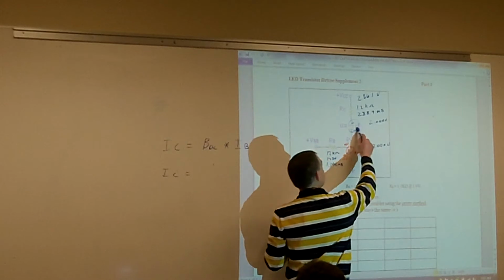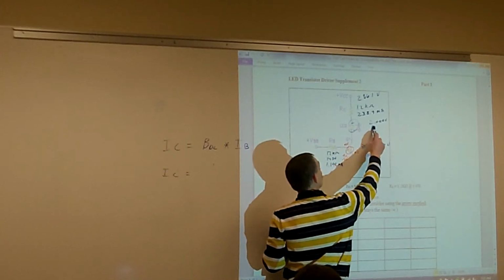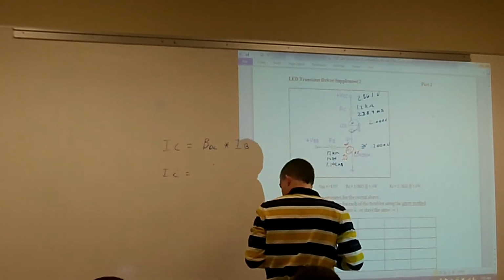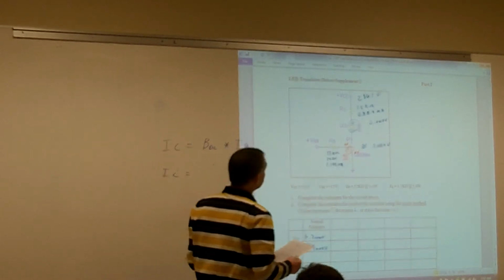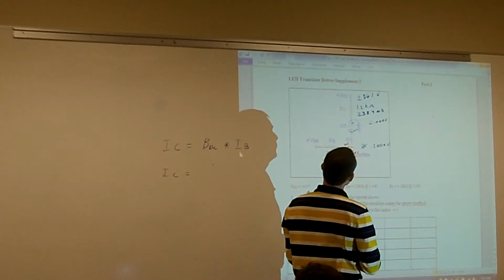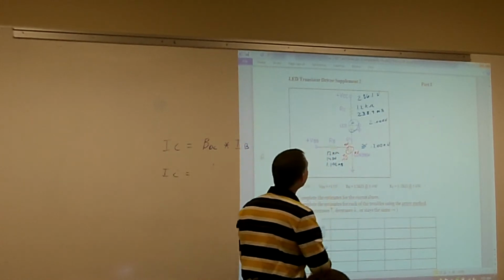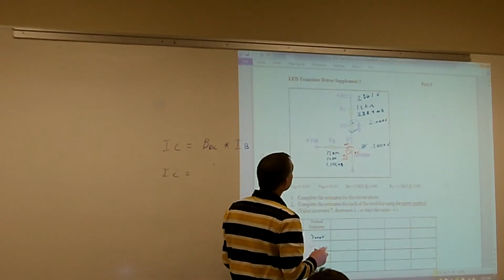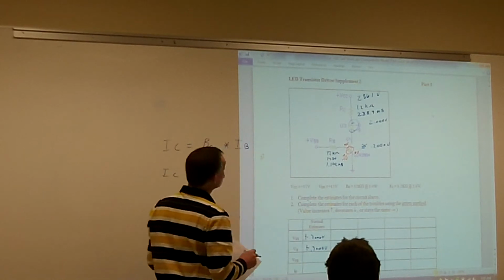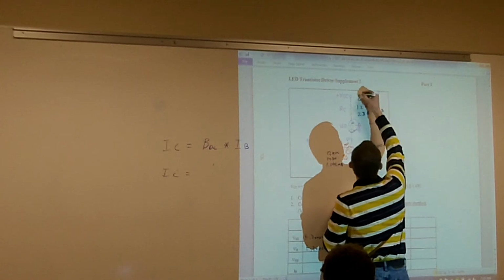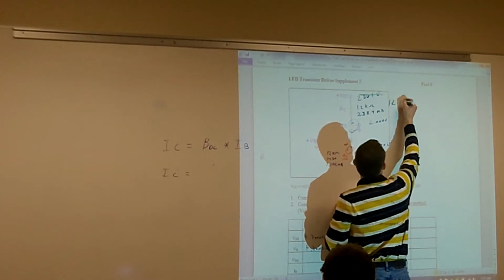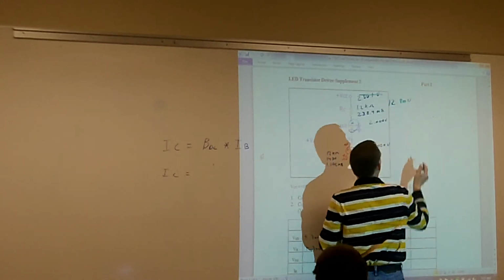We know that this LED is going to take its 2 volts. So how much is going to be the remainder going across RC? Yeah, so it's going to be 12.8 volts.